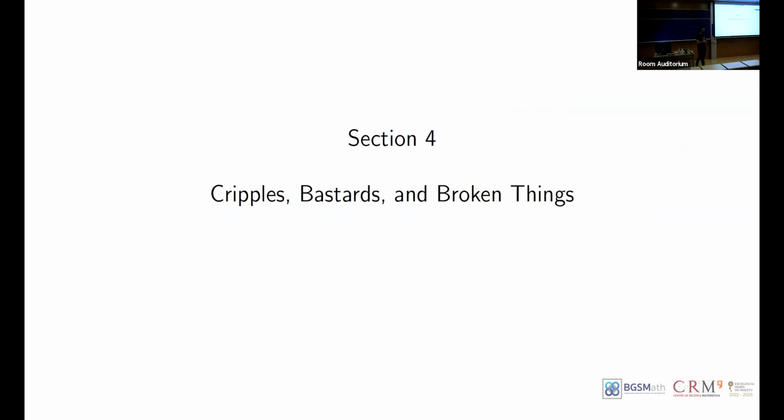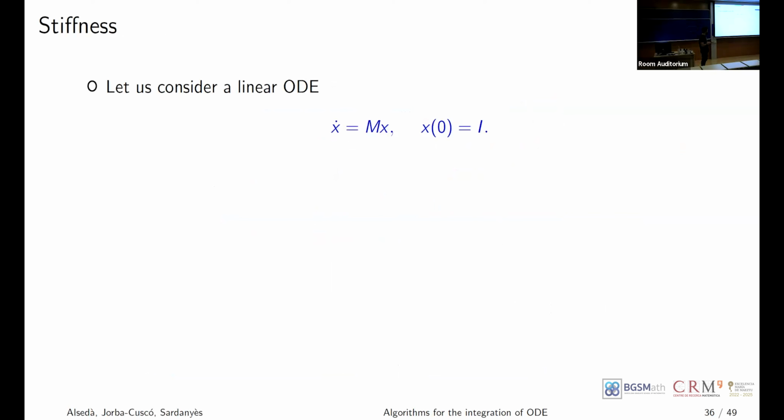Okay. So that's a phenomenology that basically breaks down the methods I've just presented to you. And the first one is very, very well known. I'm sure Philip will know about this more than me, which is stiffness, a phenomenon that's ubiquitous, for instance, when solving partial differential equations.